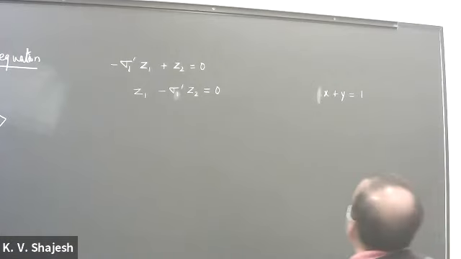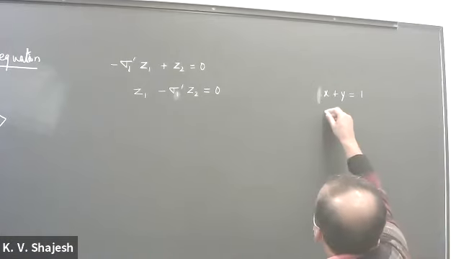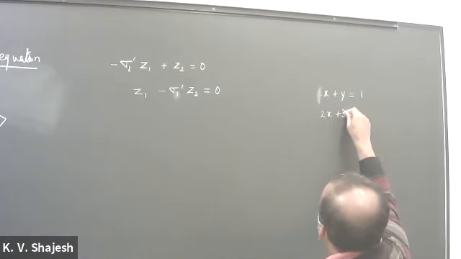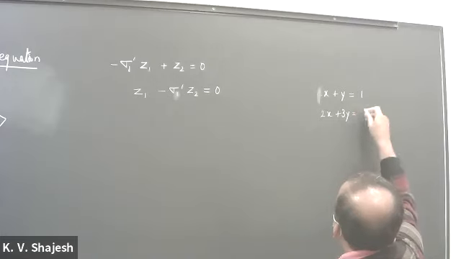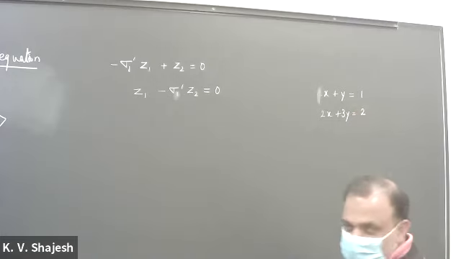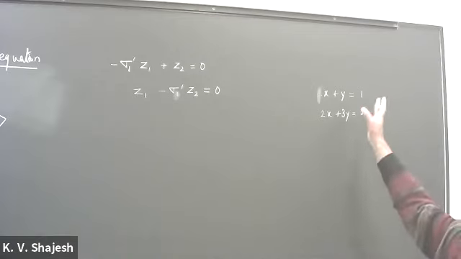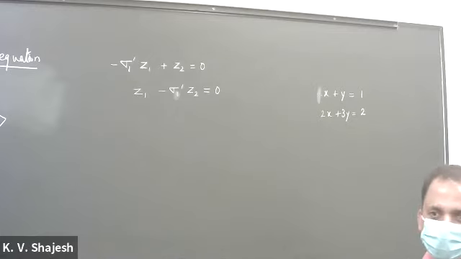And let's say there is 2x plus 3y is equal to 2. How many solutions does it have? x and y, can you find x and y? Yeah, in terms of each other. Can you solve this equation? Yeah, I can solve it.